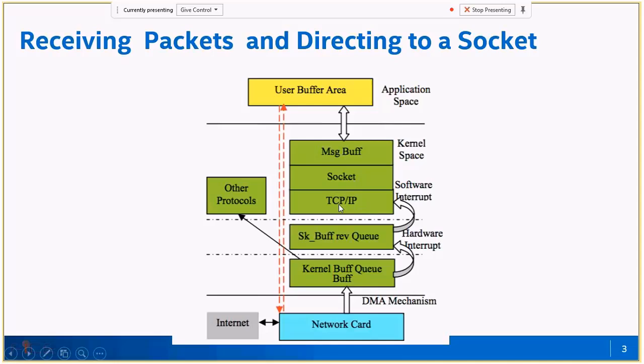If it's my own packet, it goes to the TCP layer, which looks for the port number, what software is mapped to that port number, and which application has a socket. After it comes to the socket, it is put in the message buffer and passed to that application. This way your packets are received and sent.